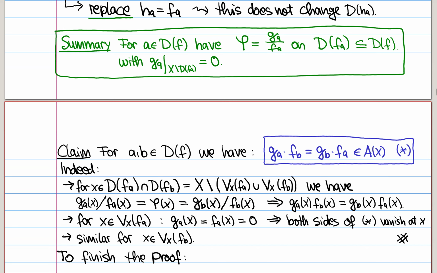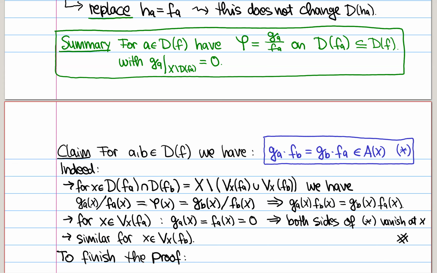Okay, and then if you take this equality of fractions and you multiply by the denominators, you just get this equality here, and this is exactly what you want to show. So on there, the equality here is just literally the equality which guarantees that both of these representations define the same function.